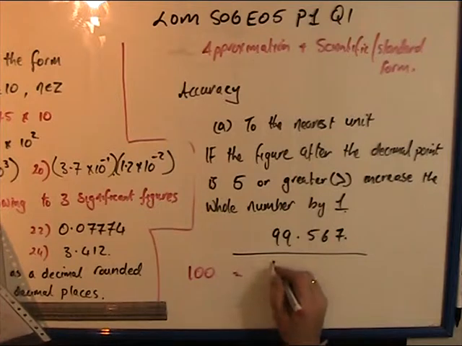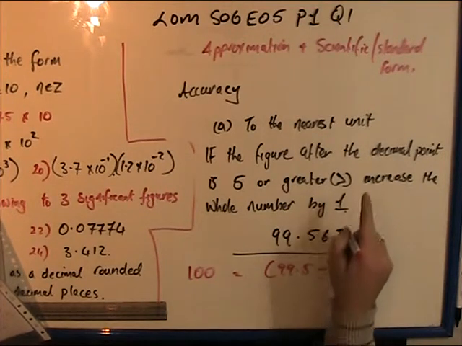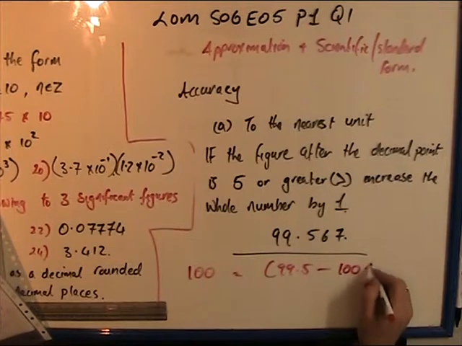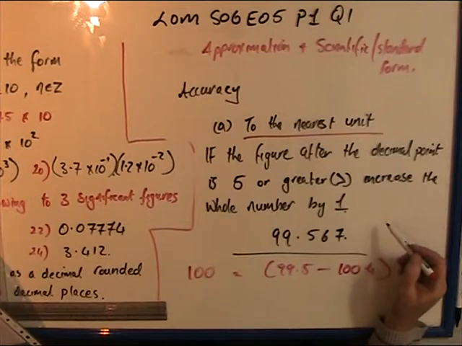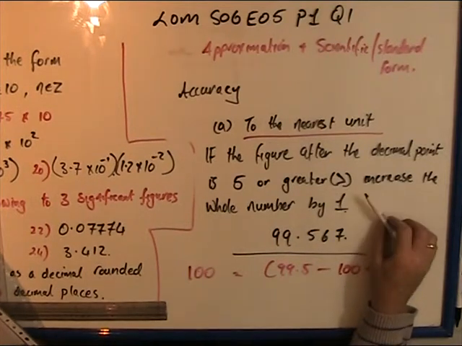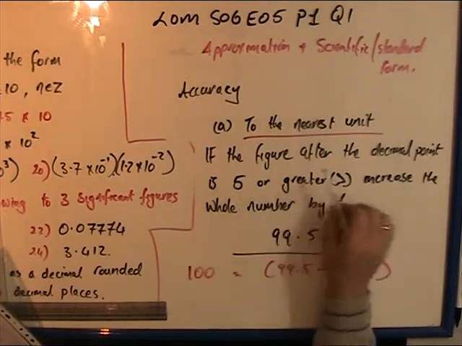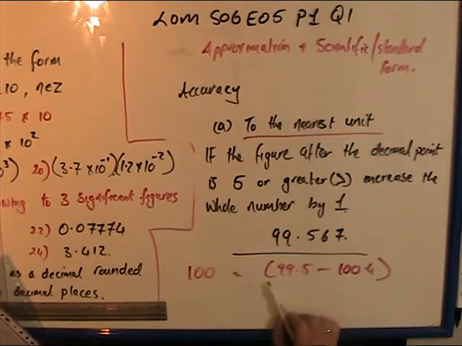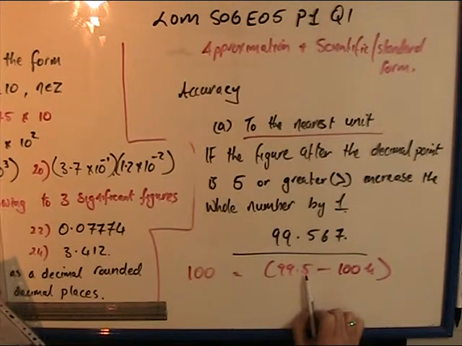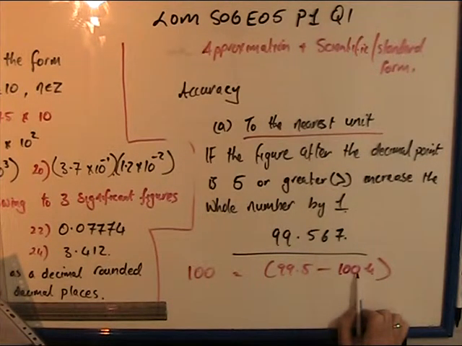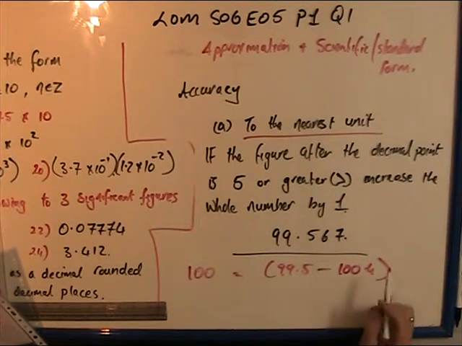Well, the 100 will follow this rule. So 100 could be 99.512, or it could be 104.2. So you see that the error is around 1.